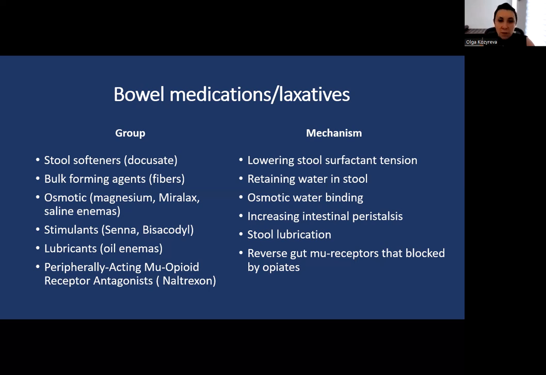It specifically works for opiate-induced constipation with a pretty high success rate, and within 45 minutes, about 70% of patients have a bowel movement if constipation is related to opiate use. And it does not reverse opiates in the CNS, and pain control is unchanged.